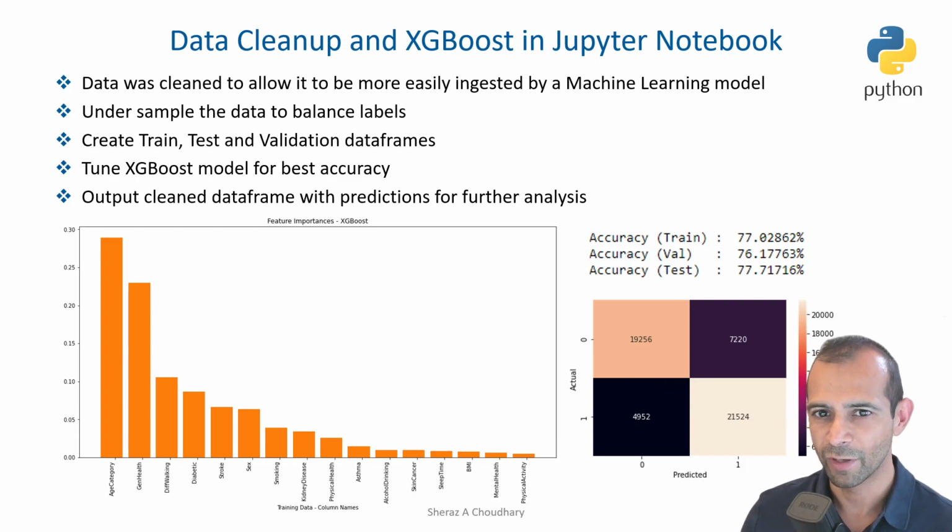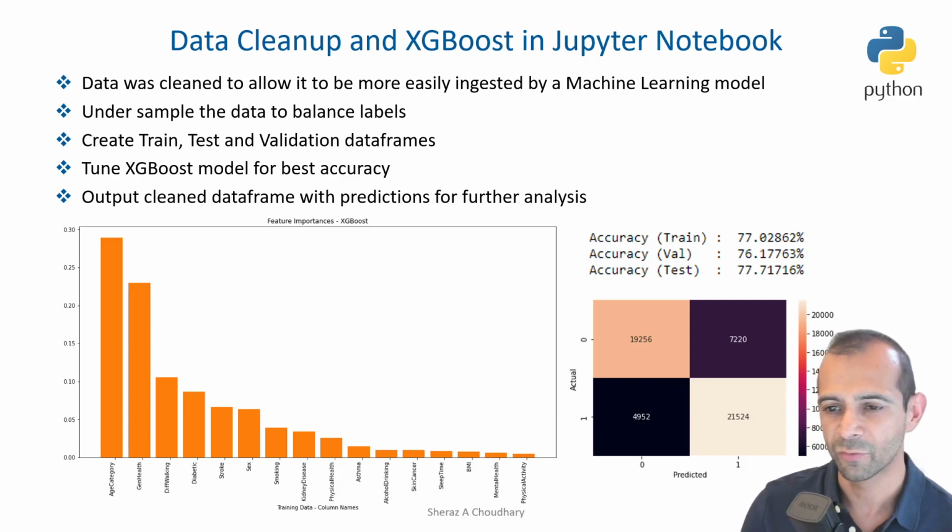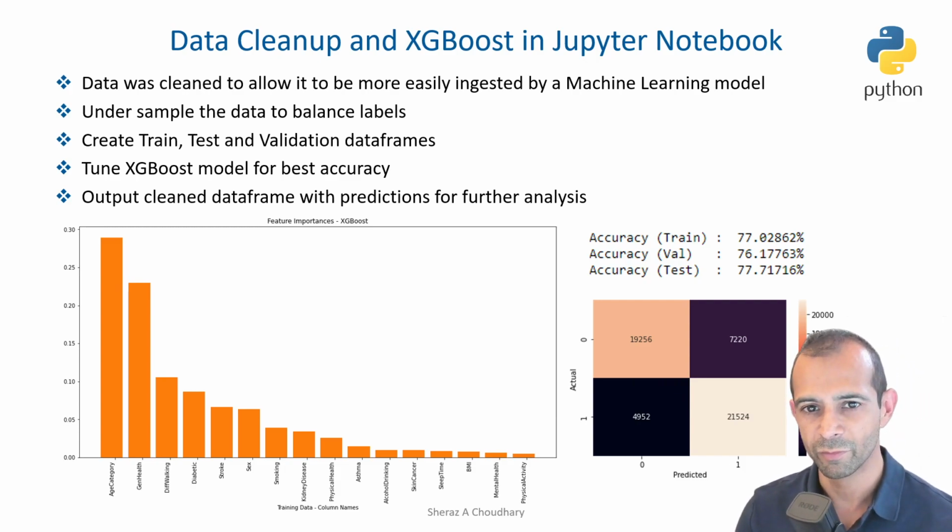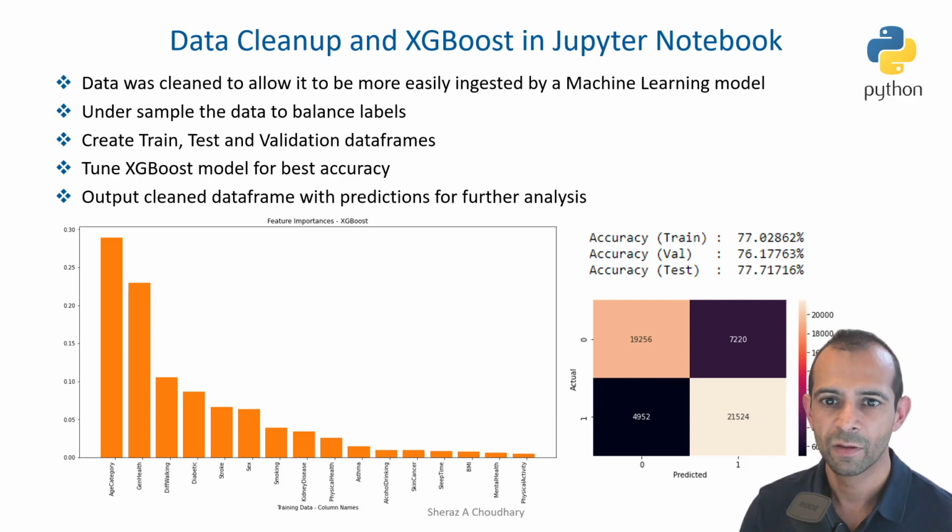I, of course, created train test validation data frames, and then I tuned XGBoost to get the best model accuracy for this particular data set. And then I took the cleaned data and of course piped it into a CSV file, which is what will be transferred over to the Amazon S3 storage for all the later analysis.